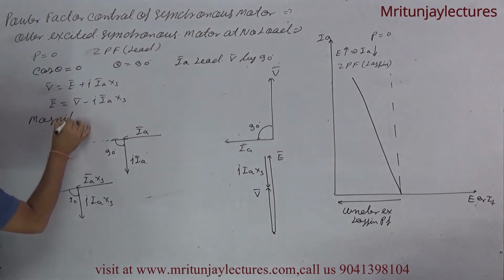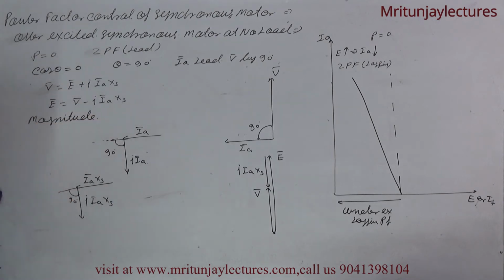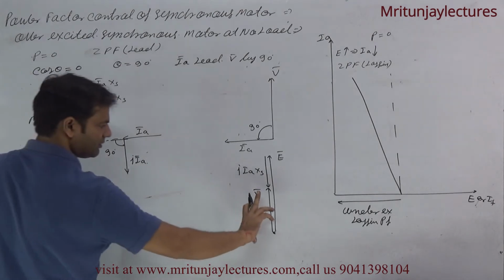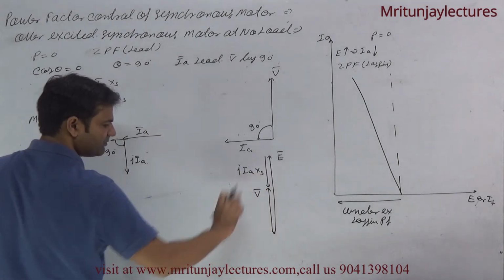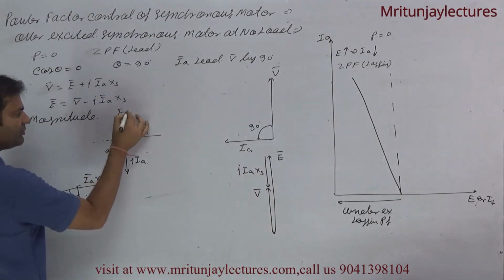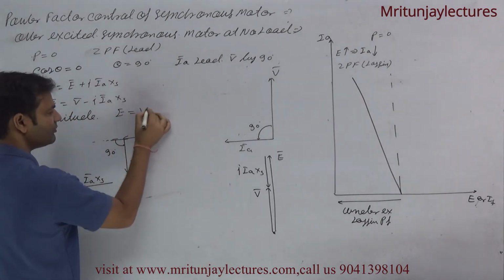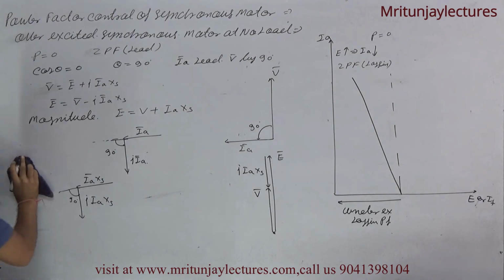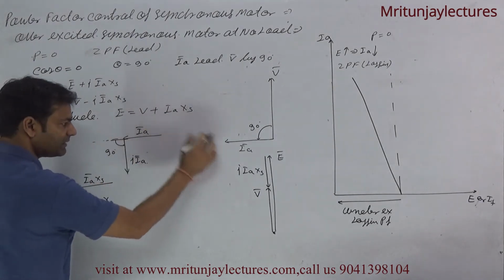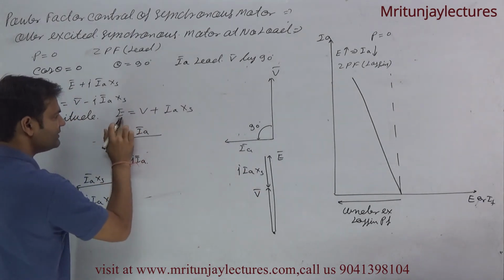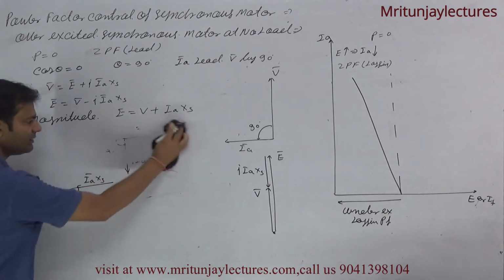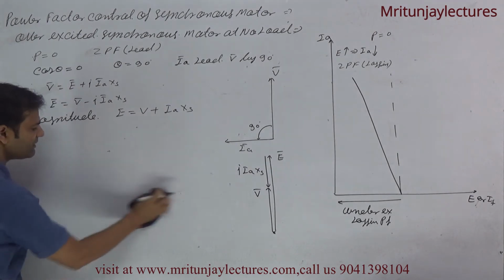Now first of all, written magnitude wise. In magnitude, E is equal to V plus IA into X. Not phasor wise, it is magnitude wise. Magnitude E is equal to V plus IA into X, or you can say the reactance.